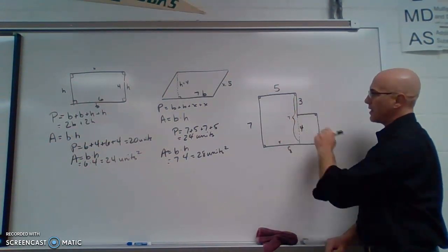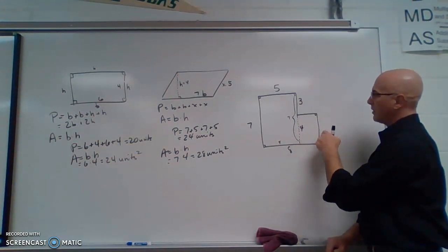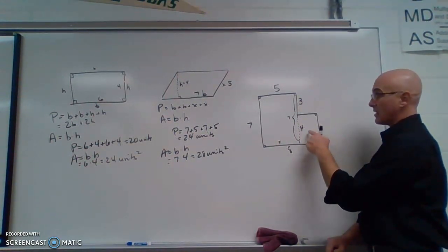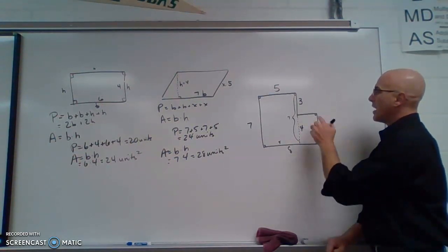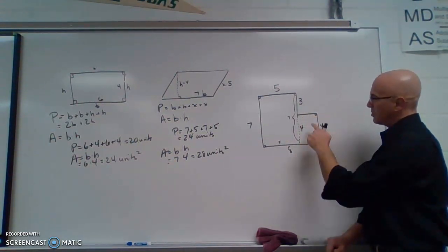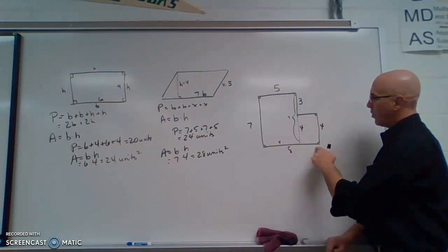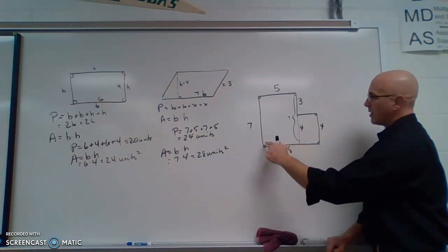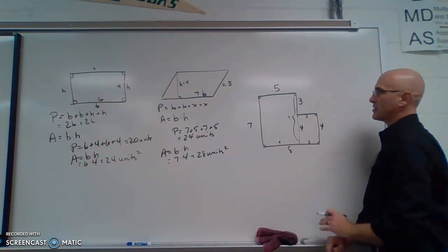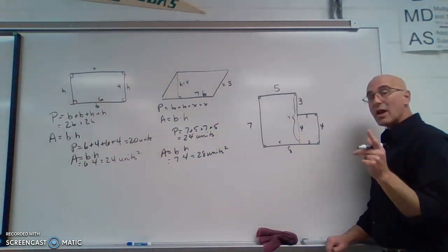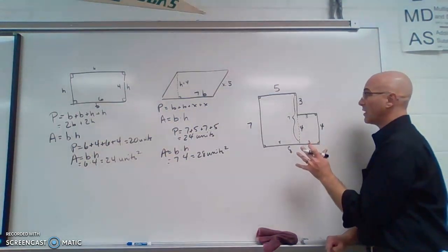This 3 plus 4 has to equal 7. And I know that the parallel line segments are congruent. Therefore, this is also 4. Now I have to figure out what these two sides are. If this whole thing is 8 and this part is 5, this part is 3, and this part is 3. So now I can start to calculate my perimeter and area of this whole figure.